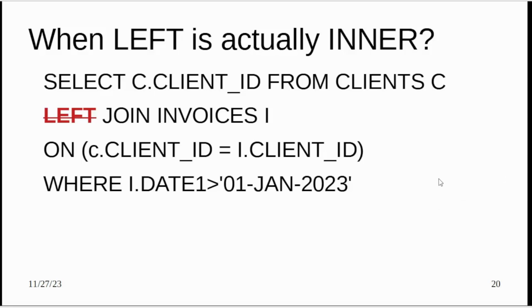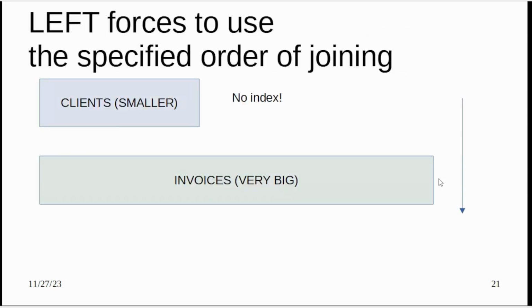And for Firebird, it means the following. Implicitly, the example query is using an inner join, because it filters records with nulls. But Firebird must follow the order which is specified by the left join condition.